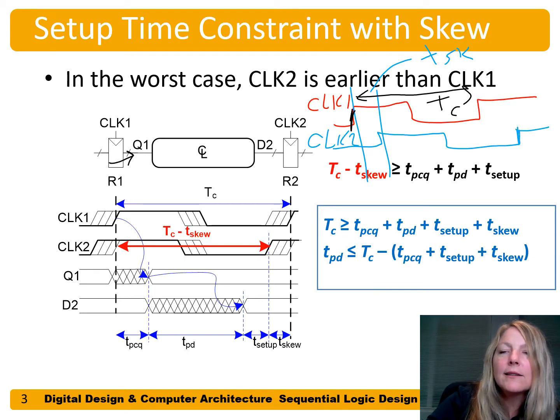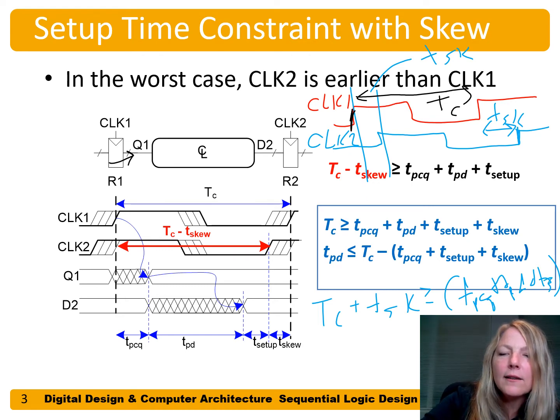So now instead of just the cycle time, we actually have TC plus T skew. This is not the worst case. TC plus T skew is greater than or equal to all that same work, TPCQ plus TPD plus T setup. The same stuff we had, right? This stuff.